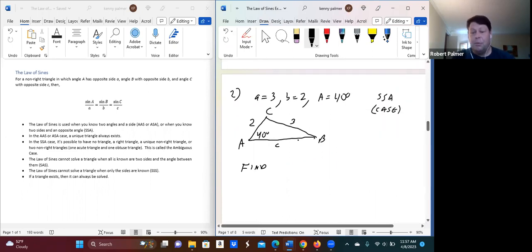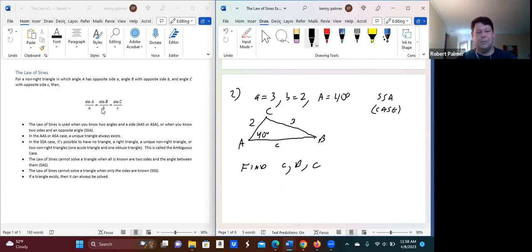Okay, so what we need to find is side C, and also angles B and C. Now, what we can find first depends on our law of sines. So let's take a look. For angle B, for example, do we have enough to find B?